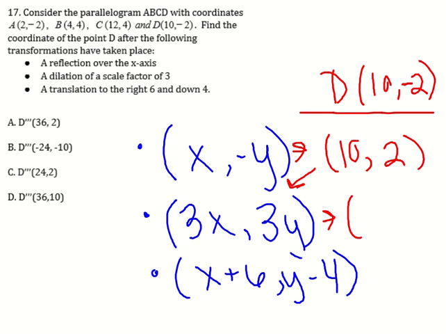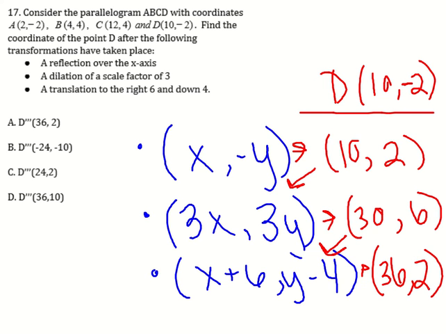Both x and y get multiplied by 3. So 30 and 6. Then I'm going to take that and plug it into the next one. 30 plus 6 gives me 36, and 6 take away 4 is 2. So that is how I end up with (36, 2). So just write your rules for each one. Take it piece by piece. Plug it in one at a time and see what your end result is.